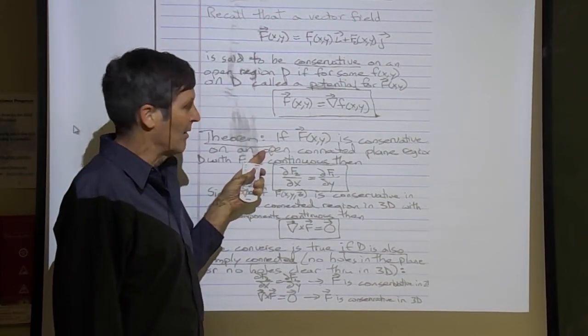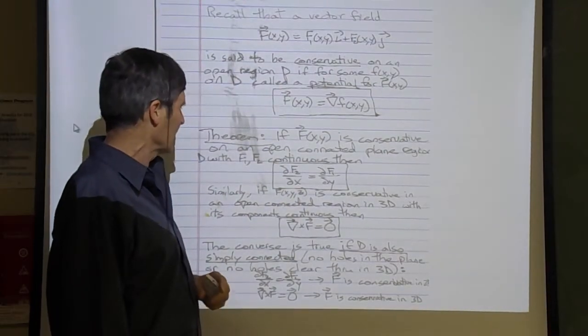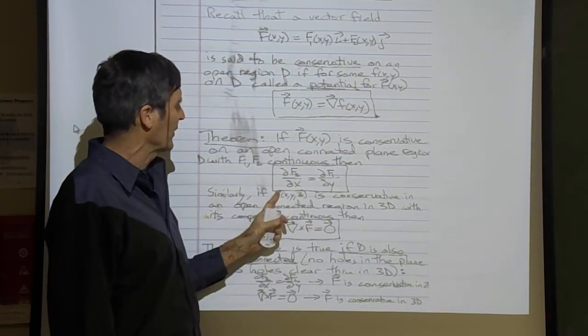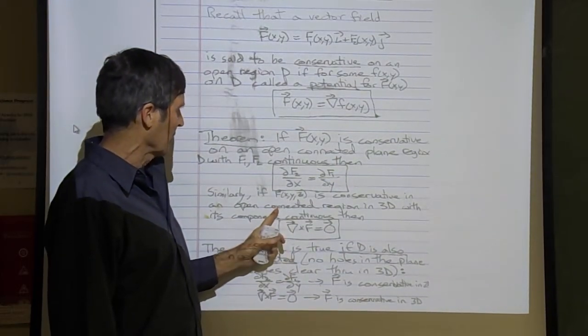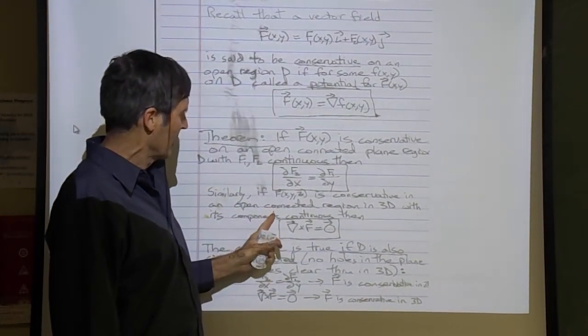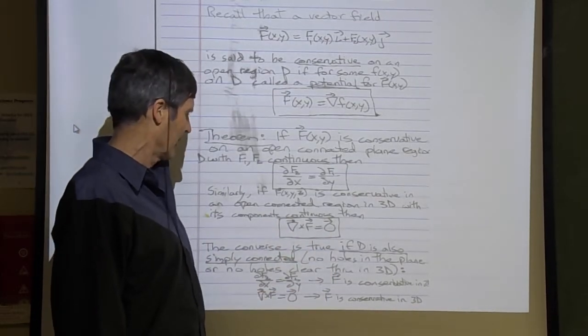So if you want to show a vector field is not conservative, you can show that this is unequal. Similarly, in three dimensions, if you have a vector field with three components, i, j, and k, and it's conservative on an open connected region, then its curl will be zero. If you can show the curl is not zero, then it's not conservative.